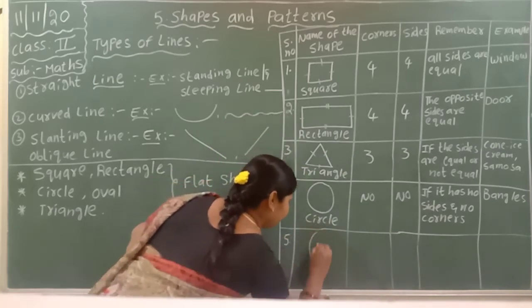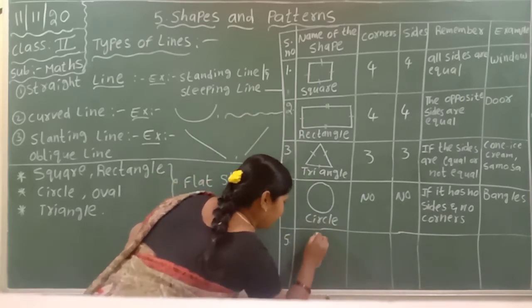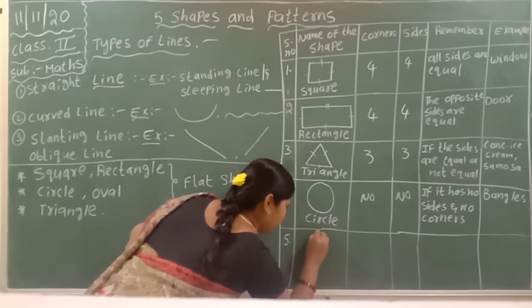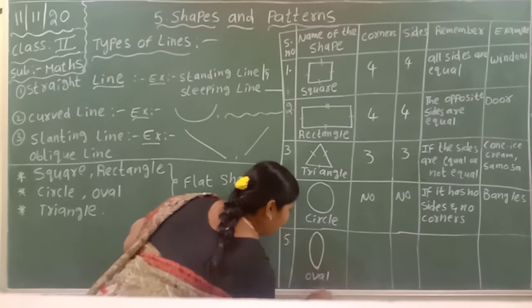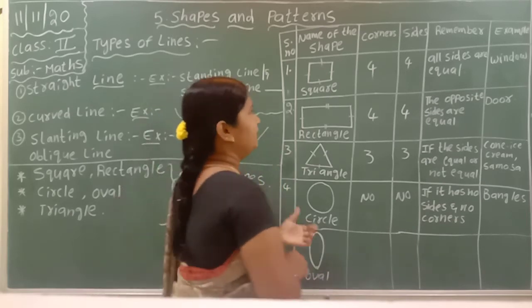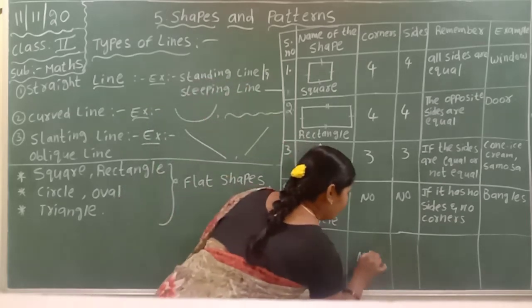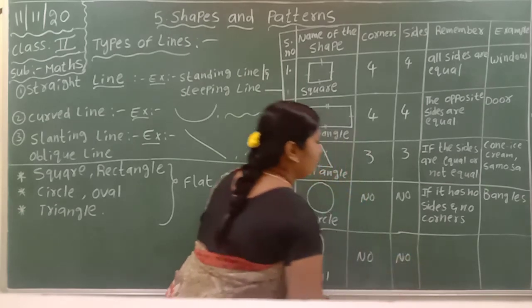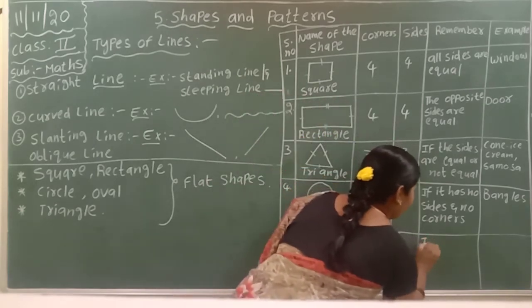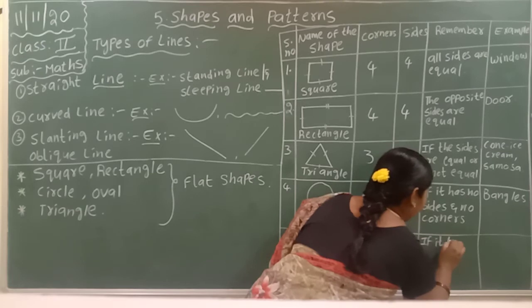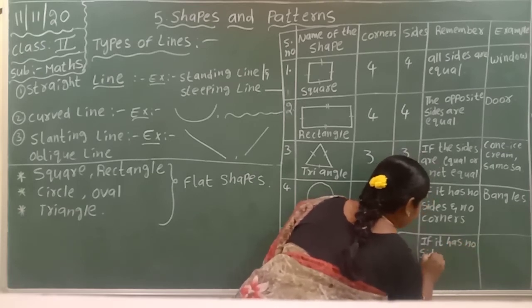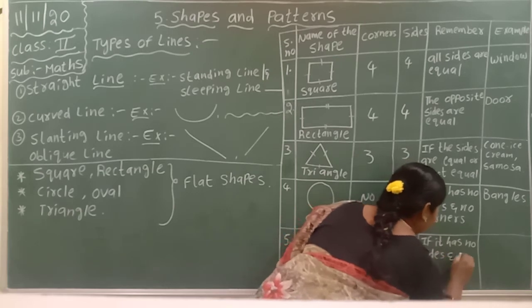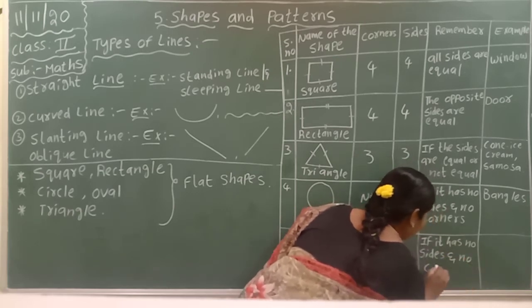Fifth one. What is this shape, children? It is known as oval. O-V-A-L. Oval. This oval also has no sides and no corners. Here also remember, if it has no sides and no corners.